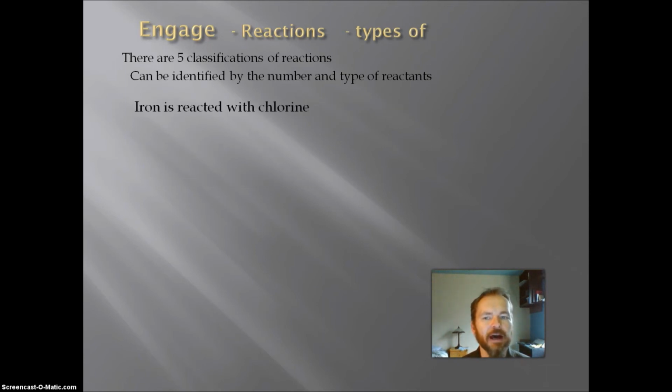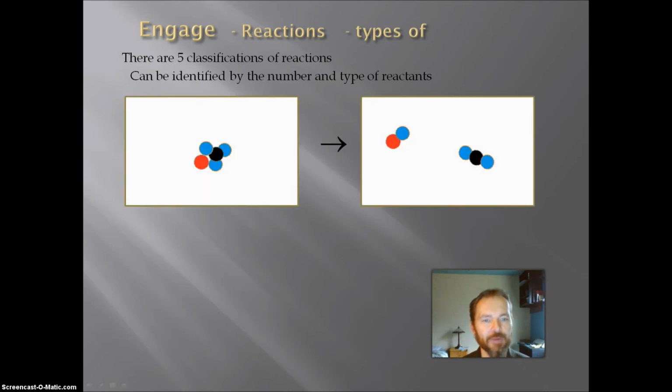Word form again, iron is an element. If we react it with chlorine, which is another element, if we have 2 elements, that means it is a synthesis reaction. We may get trickier and give you pictures. In this case, on the reactant side, we have 1 substance composed of a red sphere, 3 blue spheres, and a black sphere.